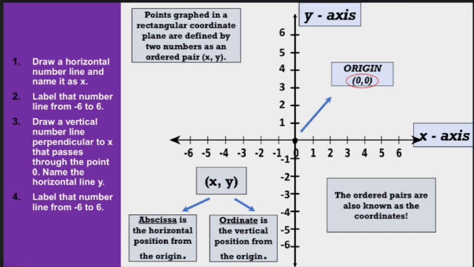The horizontal line that we have, we call the x-axis. On the other hand, we have a vertical number line perpendicular to x that passes through the point 0, and we name that one y, or the y-axis.